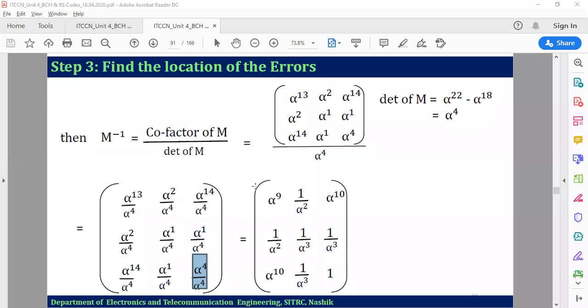Have you written this m inverse in this form?